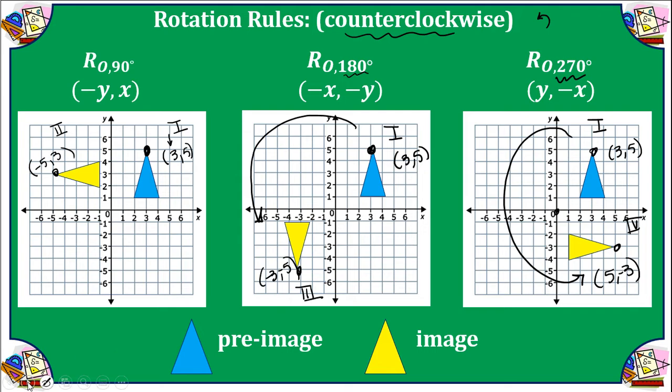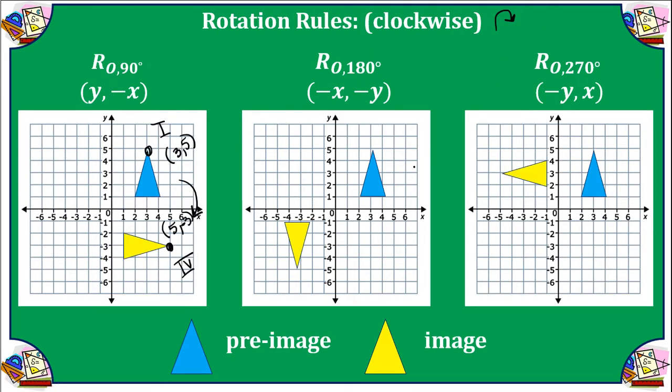Those match up. Then we have 180 going clockwise, and we're moving 2 quadrants around from 1 to 3. Our reference point (3, 5) is now (-3, -5). So the rule is the same going clockwise or counterclockwise. The x and y coordinates just change to their opposite sign, but they do not switch positions.